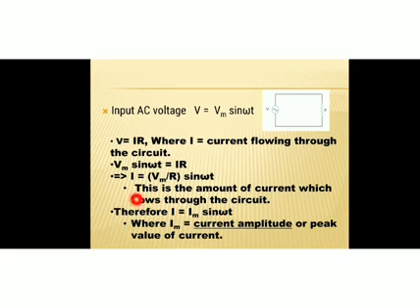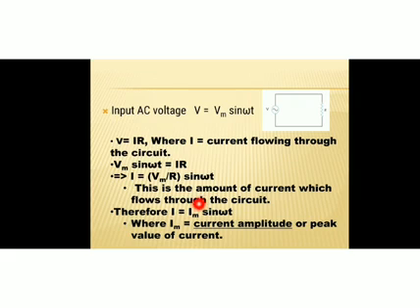So this is the expression for AC voltage, and this is the expression for AC current: I equal to Vm by R sin omega t, or I equal to Im sin omega t, where Im equals Vm by R. When you compare both these expressions, you will understand Im is equal to Vm by R, and Im is the peak value of current or current amplitude.